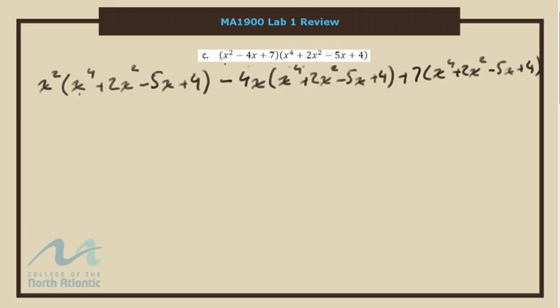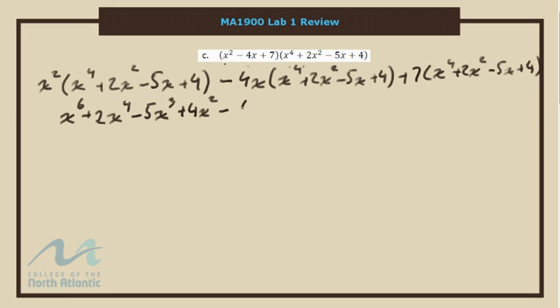So x squared times x to the 4, we add our exponents together. So that's going to be x to the 6, plus 2x squared times x squared is going to be 2x to the 4, minus 5x to the 3, plus 4x squared.